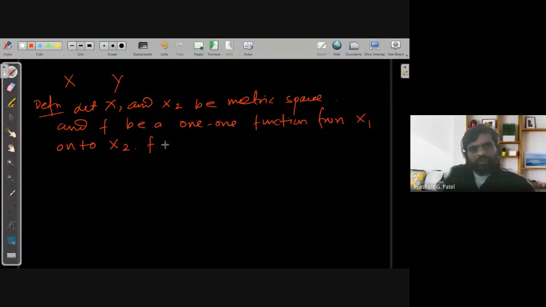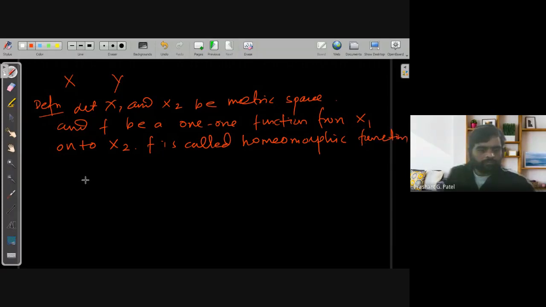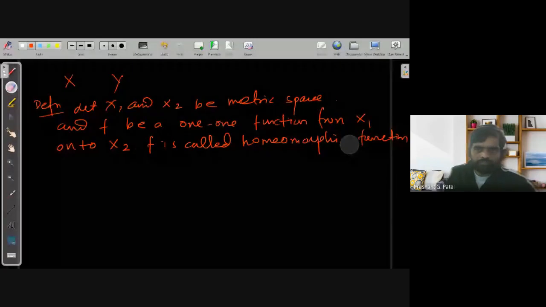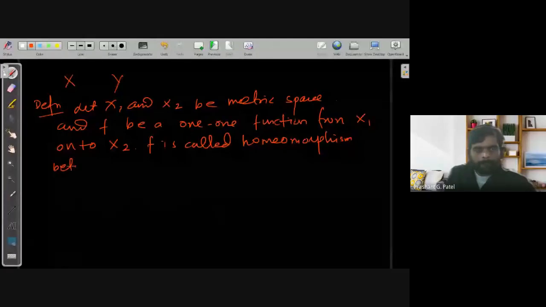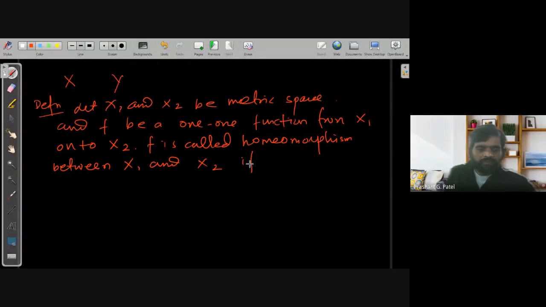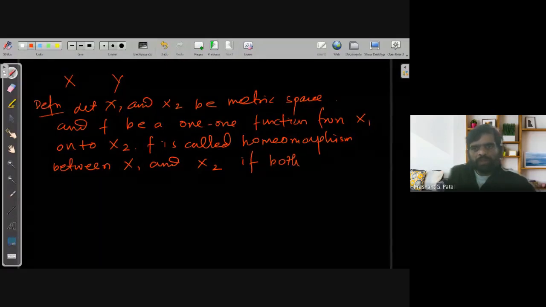The function f is called a homeomorphism or homeomorphic function between X1 and X2 if both f and f inverse are continuous.